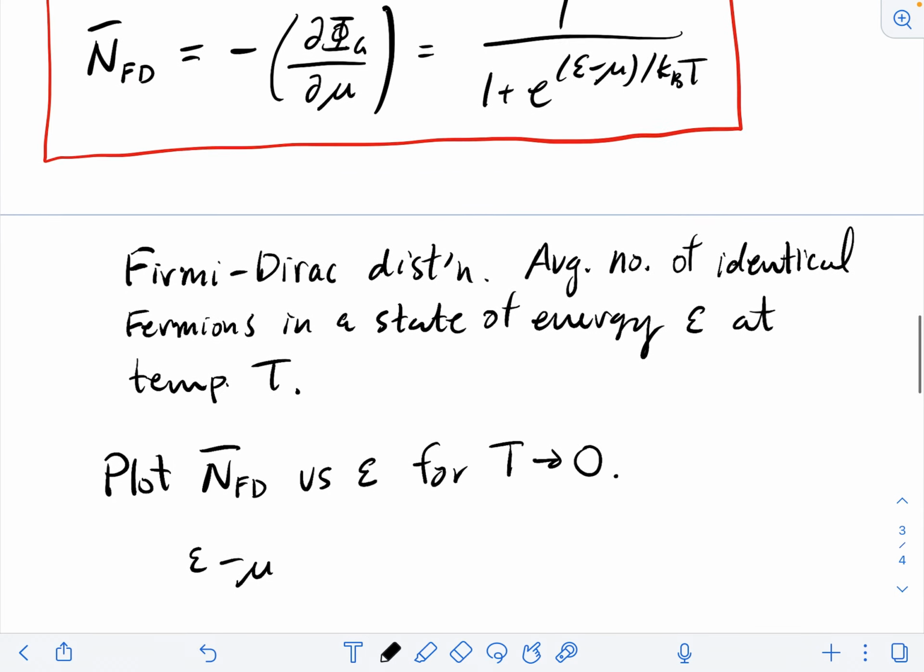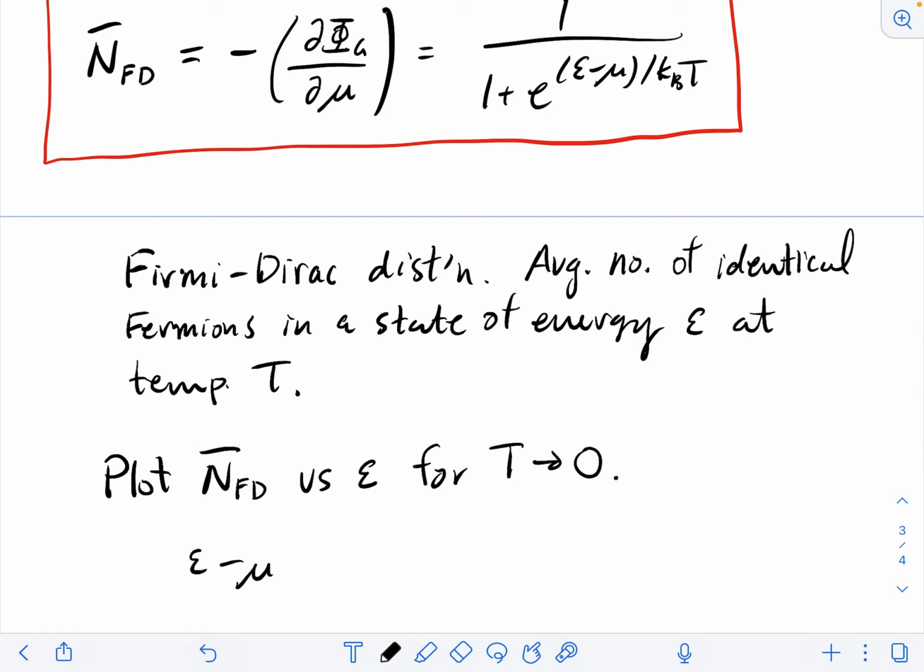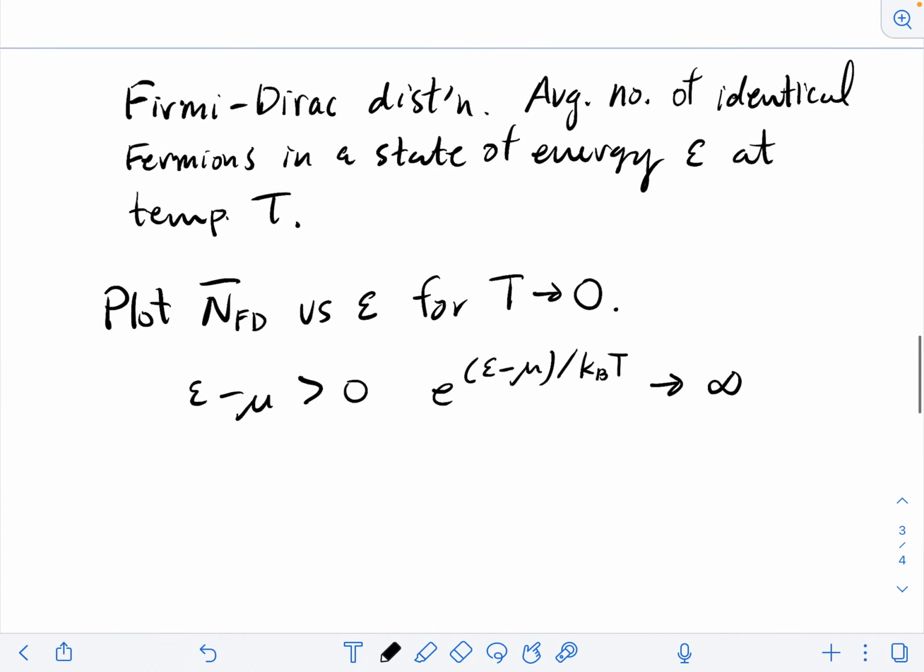So if epsilon is greater than the chemical potential, so epsilon minus mu is positive, then this exponential is the exponential of a large positive number if we set T goes to 0, and e to a large positive number is very large, so this goes to infinity as temperature goes to 0.